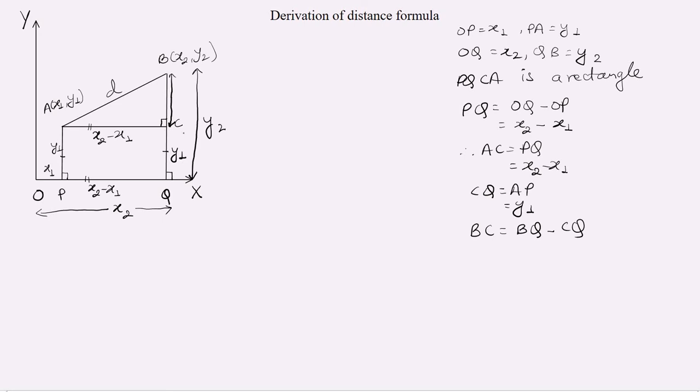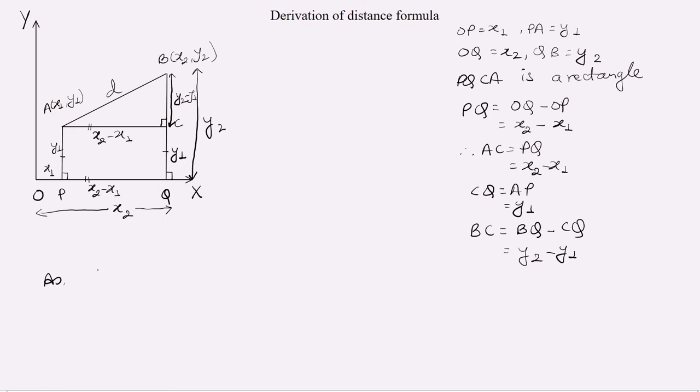BQ is the full length, CQ is one part, and BC, the other part, is obtained by whole BQ minus CQ. BQ is y2. CQ is y1. So the BC measurement is y2 minus y1.